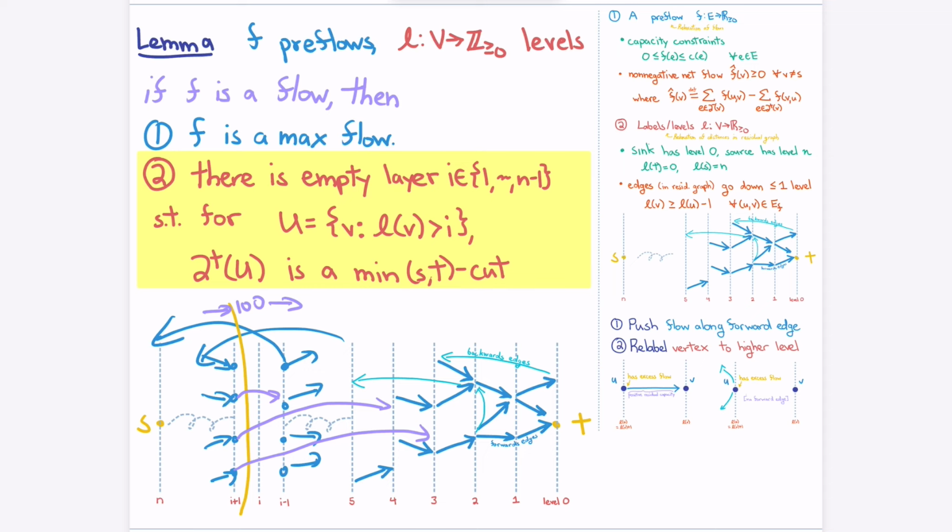Now, this 100 units of flow has to go somewhere, right? So I can think of a few options. It can get deposited at various intermediate vertices, not the T, but that's not the case because these intermediate vertices aren't active.